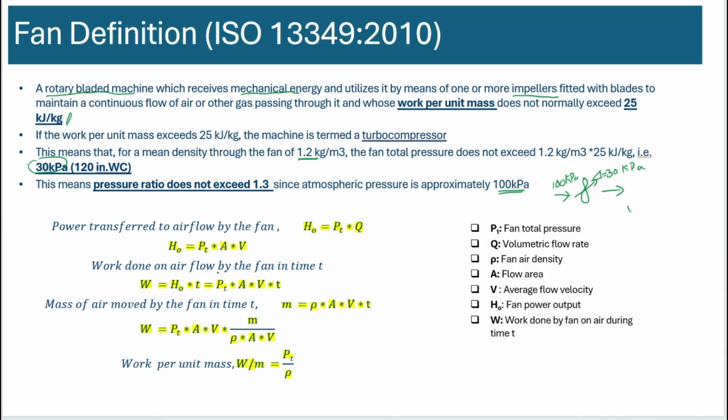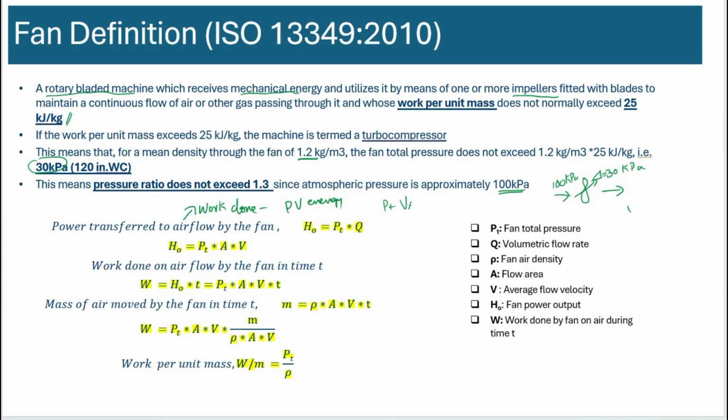So how are these numbers calculated? First thing to know is the power transferred to the airflow by a rotating machine. How do we calculate that? It's basically the work done. Work done is basically pressure, volume, energy.